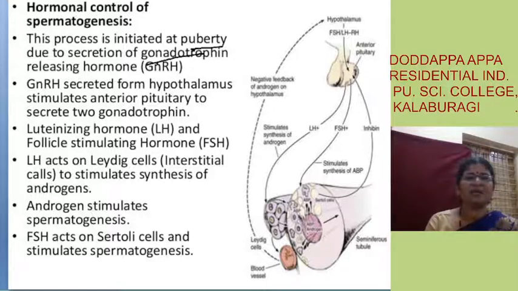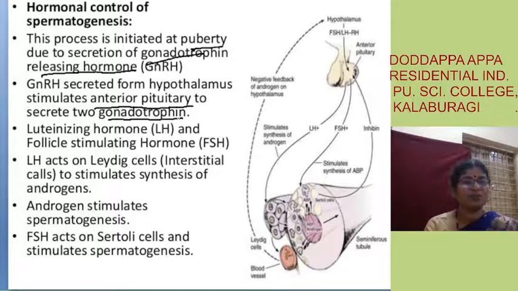Gonadotropin releasing hormones are released from the hypothalamus. So here it is given clearly. These hormones released from the hypothalamus will act on the anterior pituitary and stimulate the anterior pituitary to secrete the gonadotropins.